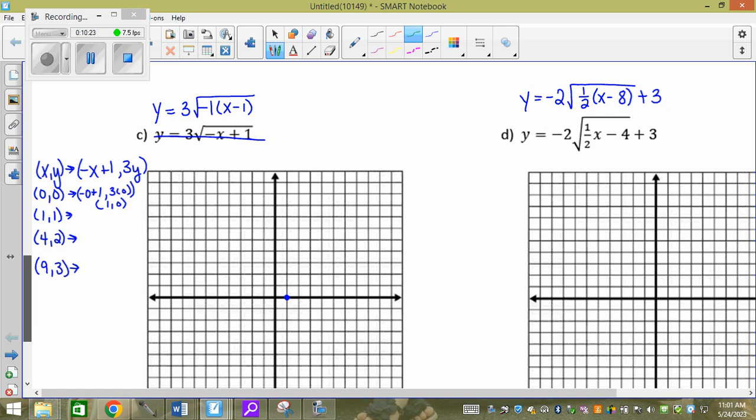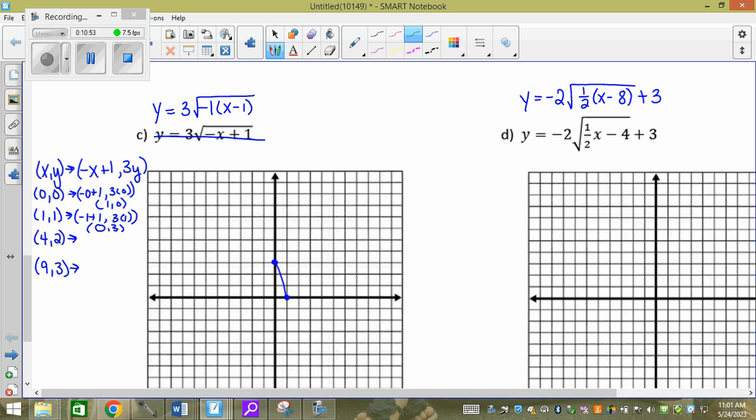Remember that the only thing that moves that initial point is a horizontal translation or a vertical translation, right? So our initial only moved to 1. Also, reflection could cause it to go to the other side. Now here we have negative 1 plus 1, comma 3 times 1. So I get 0 and 3. Wait a second, it's going this way. Why is it now going this way?